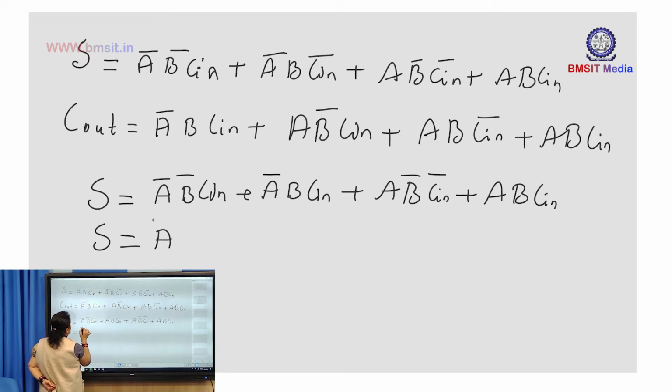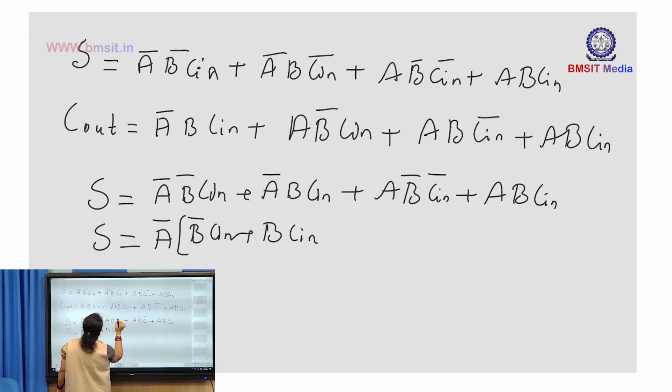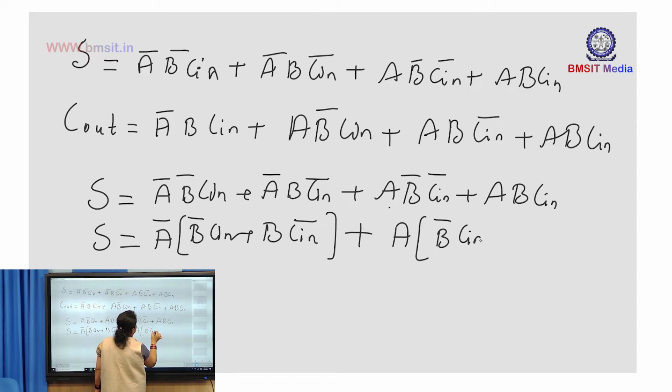So if you take A bar as common, we get B bar C in plus B C in bar. From the second two parameters, I can take A as common. So if I take A as common, I'll be getting B bar C in bar plus B C in.